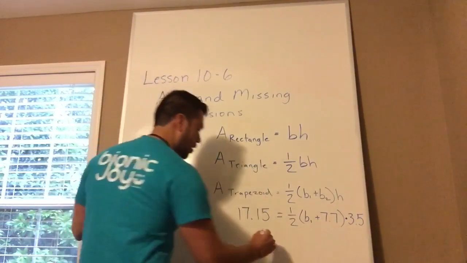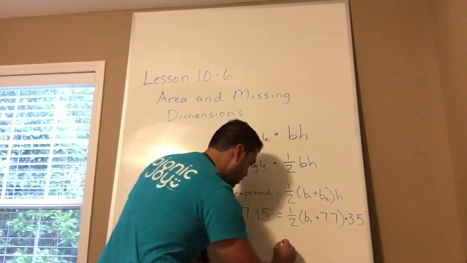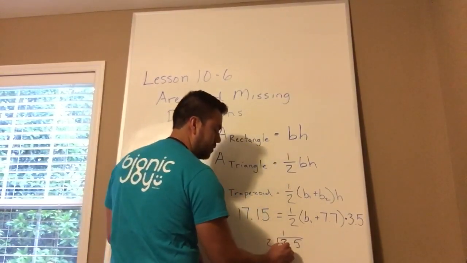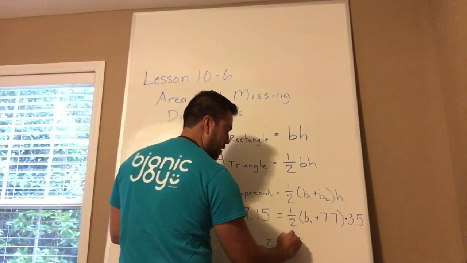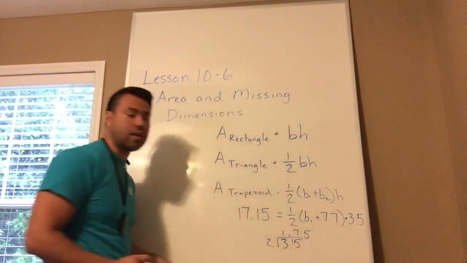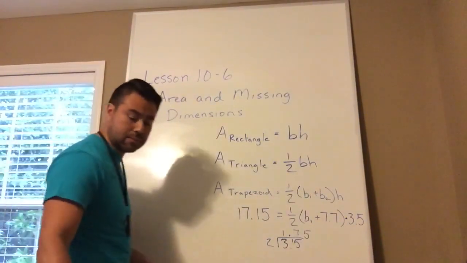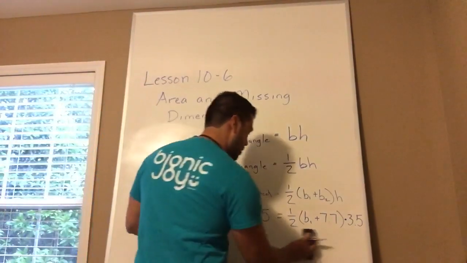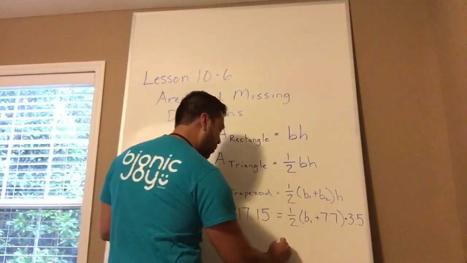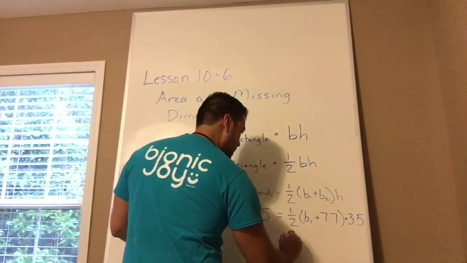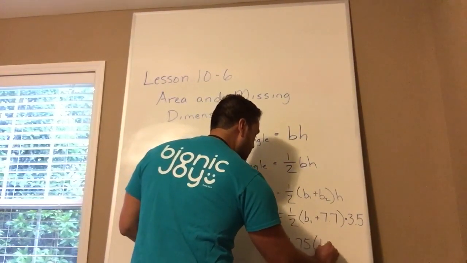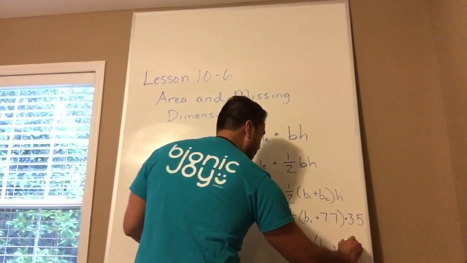So I'll do that over here. 3.5 divided by 2. 1, remainder 1, 7, 5. 175. 1.75. So I'm going to keep that number there. So I have 17.15 equals 1.75 times b sub 1 plus 7.7.